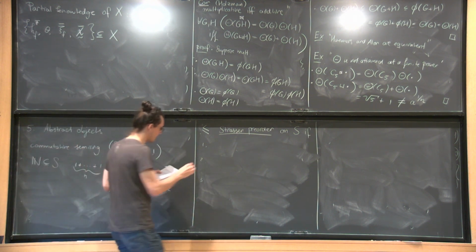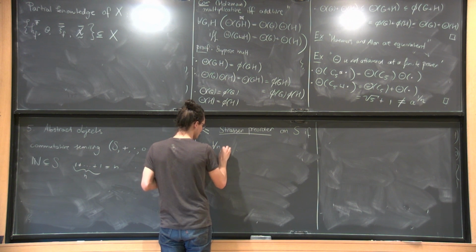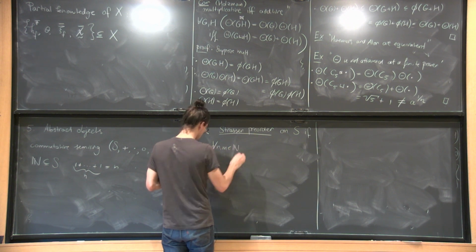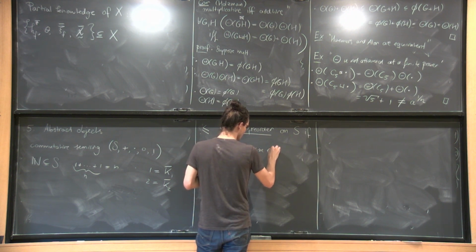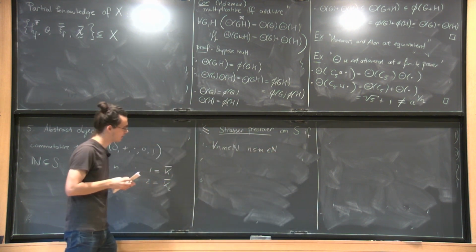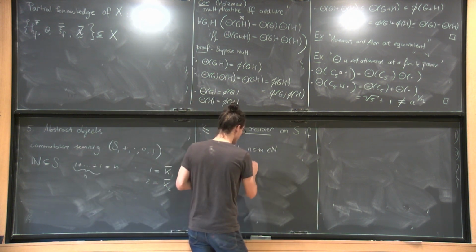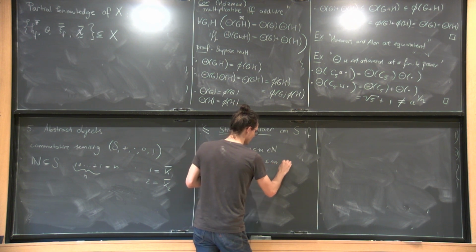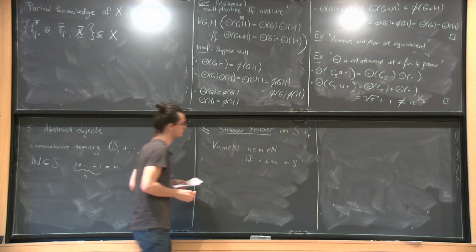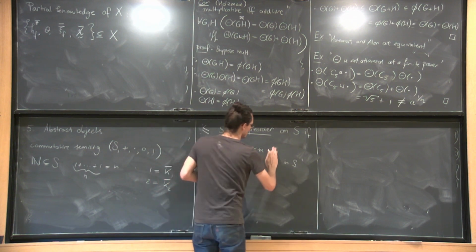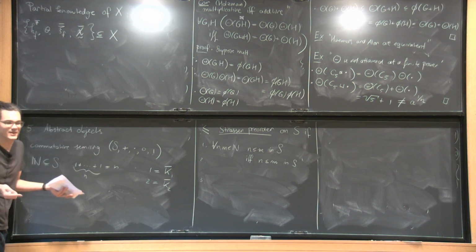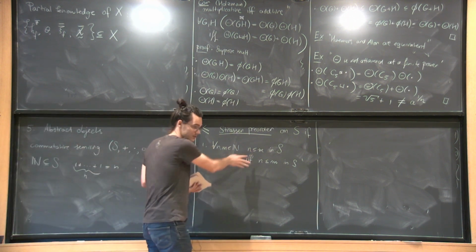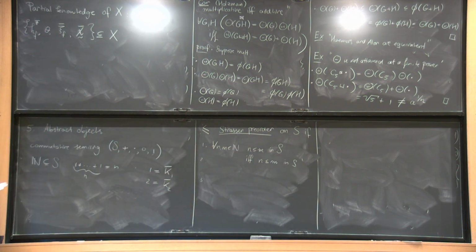The first is that for any 2 natural numbers, n is smaller than m as natural numbers if and only if n is smaller than m in S. Right, so there's the natural ordering of natural numbers, and then we have our pre-order, and these should correspond nicely.